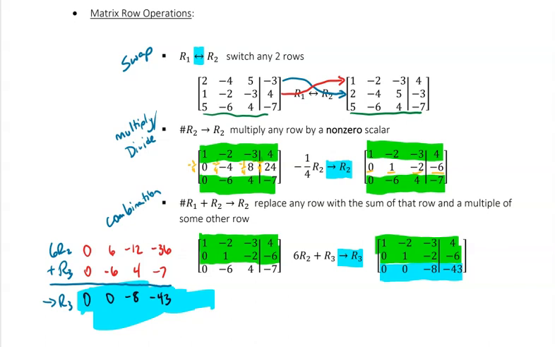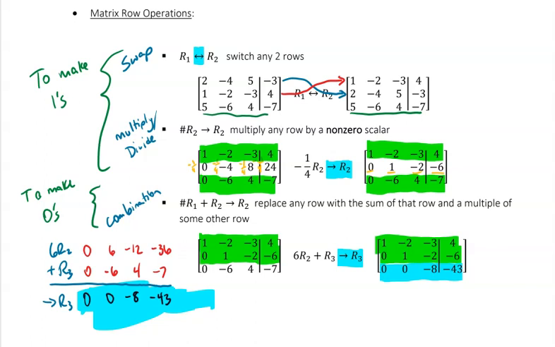So go ahead and put in your notes that swap and multiply/divide are to make ones, and combination is to make zeros. Again, you don't have to know what that means yet, but I will be referring back to that later, so just make sure you put that down now.